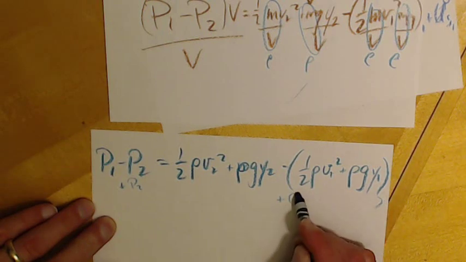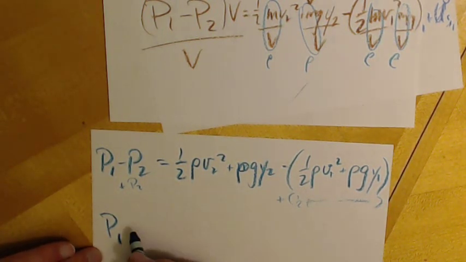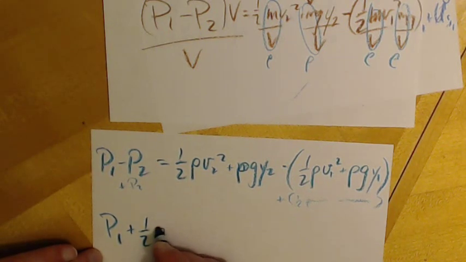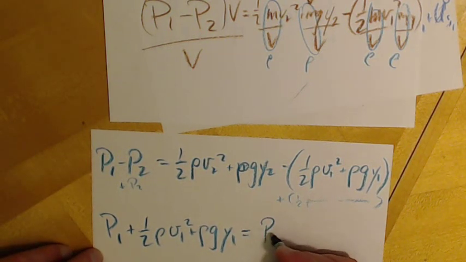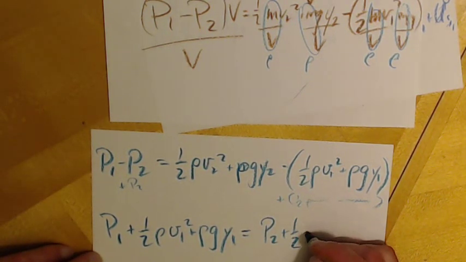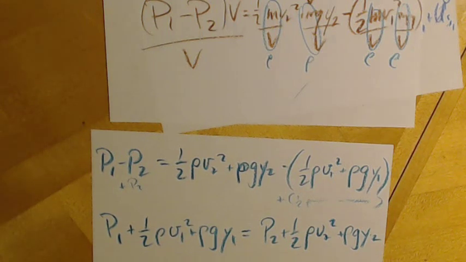We end up with P1 plus 1/2 rho v1 squared plus rho g y1 equals P2 plus 1/2 rho v2 squared plus rho g y2.